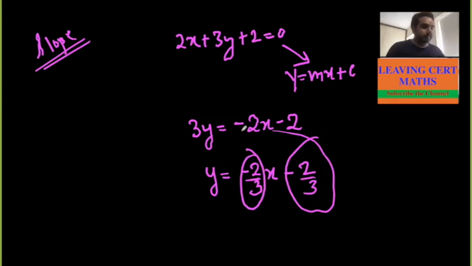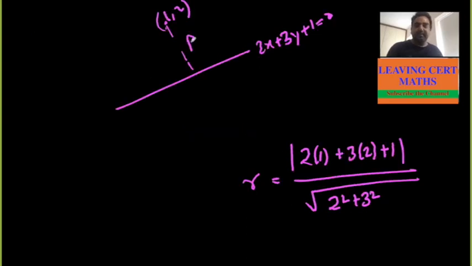Any trouble? No, that's good. So I think now we can try questions. We have done almost all the concepts. For this one, they can say perpendicular distance, or they can say shortest distance.